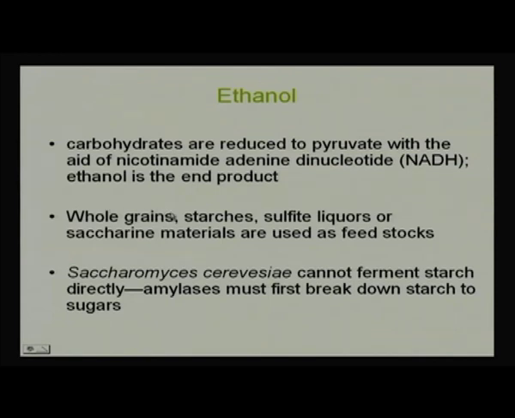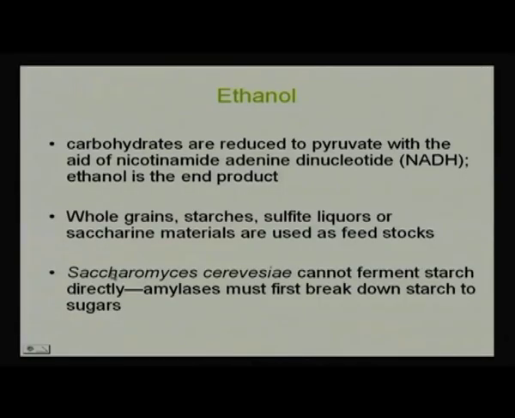We can use whole grain, starchy material, sulfite liquor or saccharine material as a feedstock for ethanol production. The organism which is actively participating in this conversion is Saccharomyces cerevisiae, which cannot ferment starchy material directly, but amylases must first break down the starch and then sugar is produced.